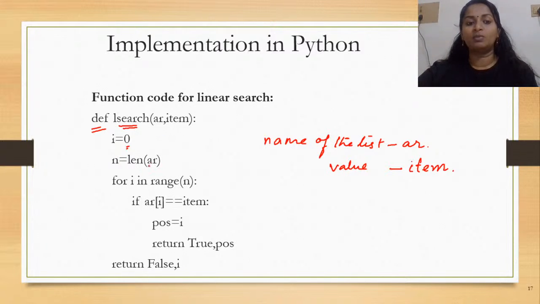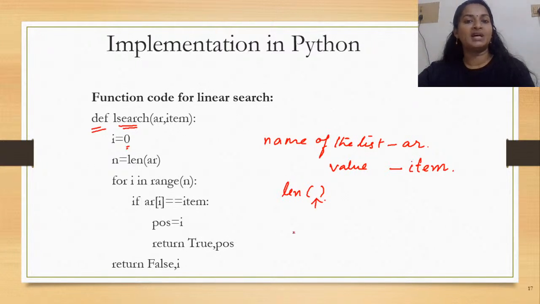It is found by finding the number of elements inside your list, using the function len, right? len is a built-in function, and whatever parameter you pass inside len, it gives the count or the number of elements inside the data structure. So n would definitely have the number of elements.